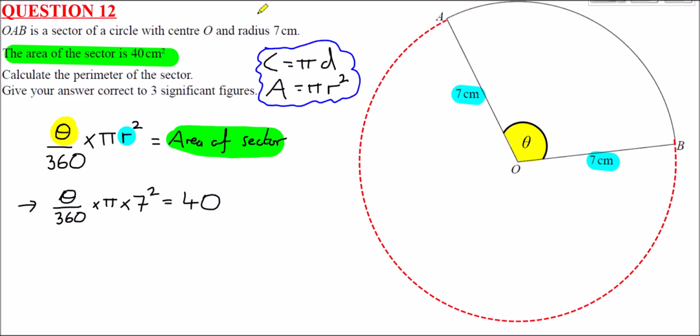So now it's just a case of plugging the numbers into the calculator, rearranging, and our answer should drop out quite nicely. So if we arrange in terms of theta, theta will equal 40, multiply both sides by 360, and then divide by pi times 7 squared.